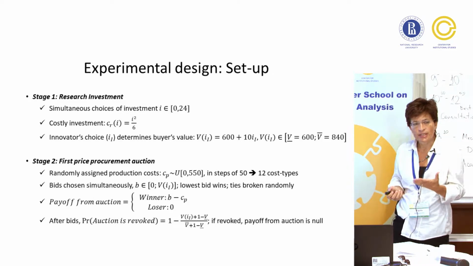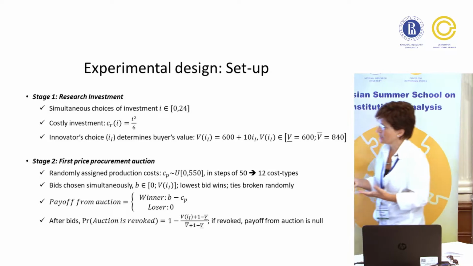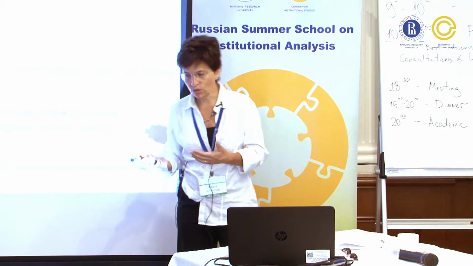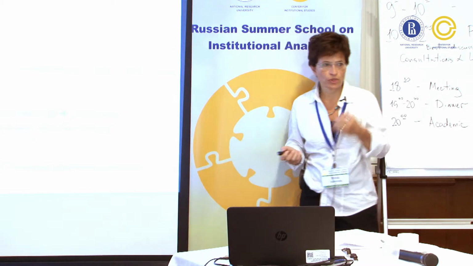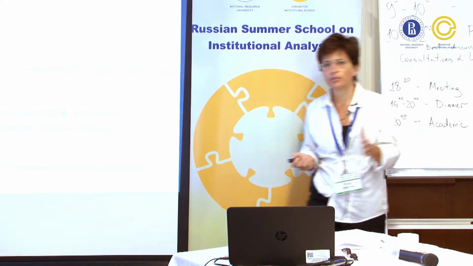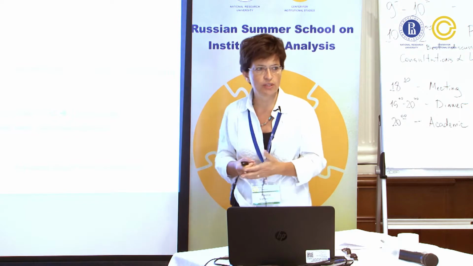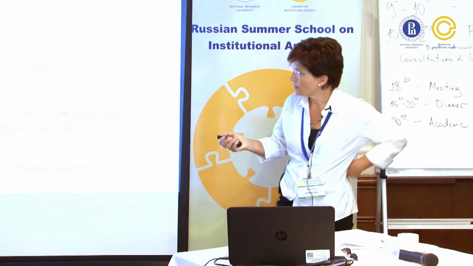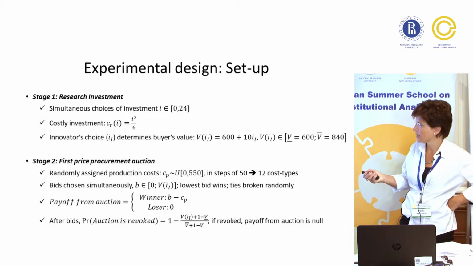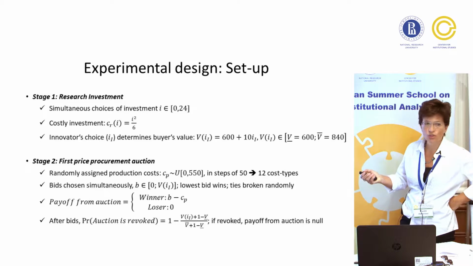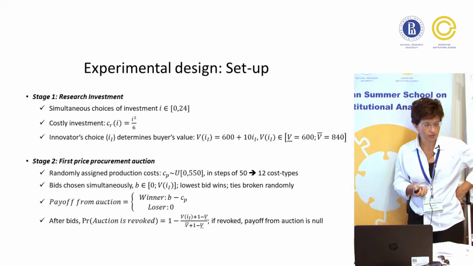So what is really relevant is that the subjects know their choice as investor will determine the buyer value of the innovation. In which way? The value of the innovation is given by this formula, which is 600 plus 10 multiplying the choice of investment, okay?